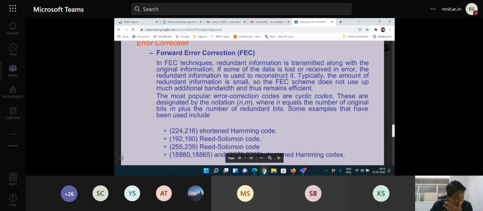In this forward error correction mechanism, the codes which are used are normally designated as (n, k), a shortened form. N here refers to the number of bits which are transmitted for a particular message, and k refers to the number of message bits.